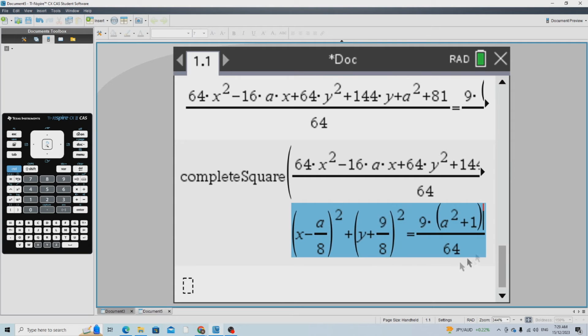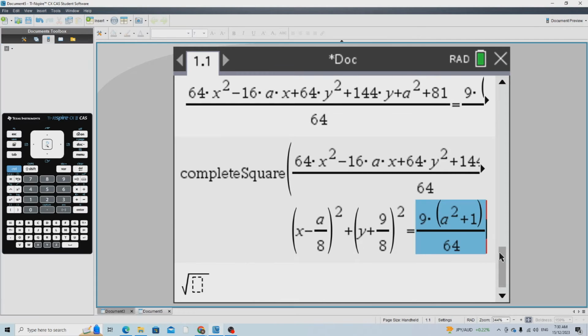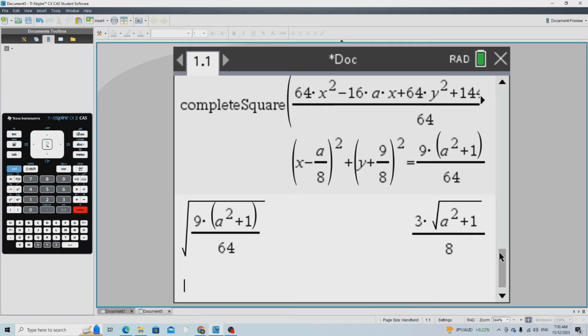Aha, beautiful expression. So what is your center? It's A over 8, so A over 8 and -9/8. That's where your center will be. And what about your radius? You should know that this is your r squared, and the radius is the square root of this whole thing. So if I was square rooting this part over here, we get this. So let's write this all down.